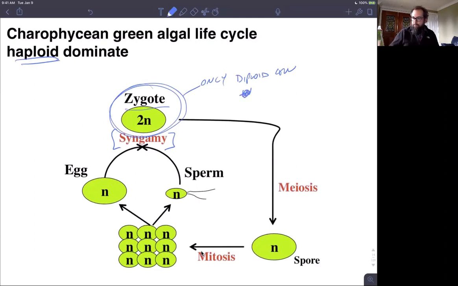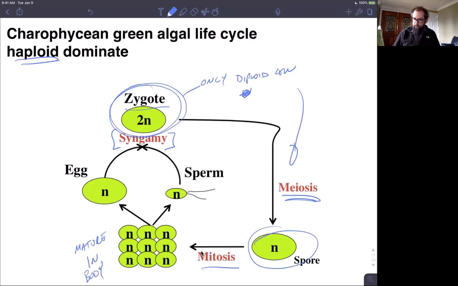It immediately undergoes meiosis to produce a spore. That spore then undergoes mitosis to produce a mature haploid body, which then undergoes mitosis to produce our gametes, the sperm and the egg. And then fertilization occurs, those fuse, and we're back to that zygote.